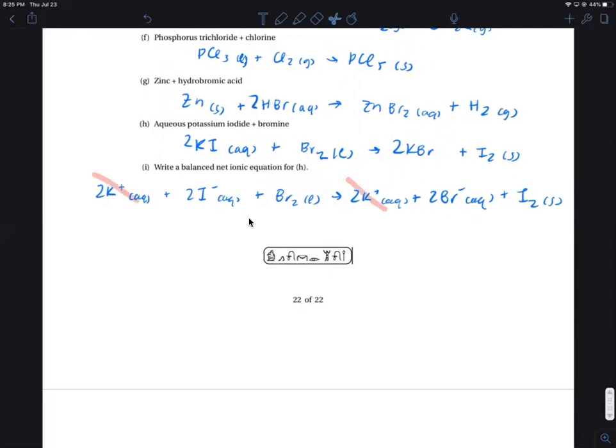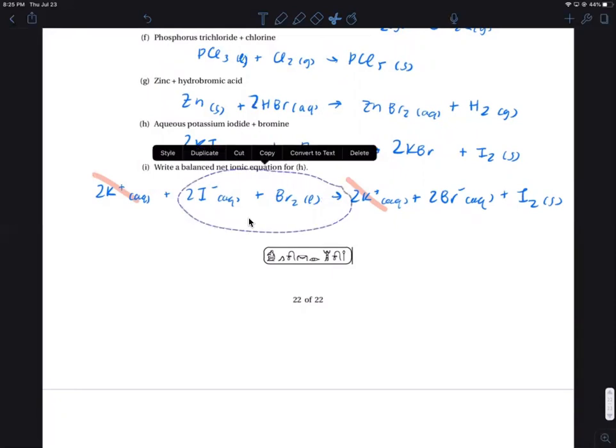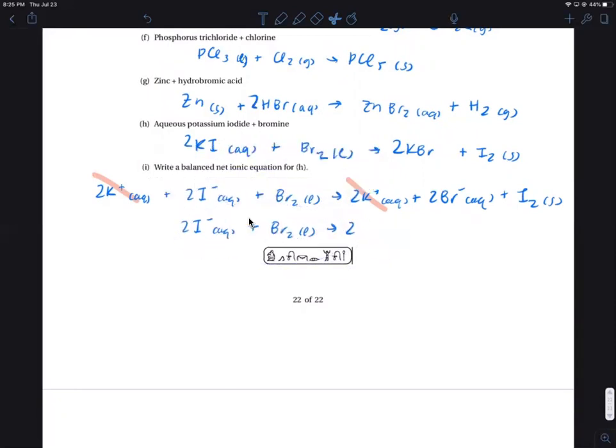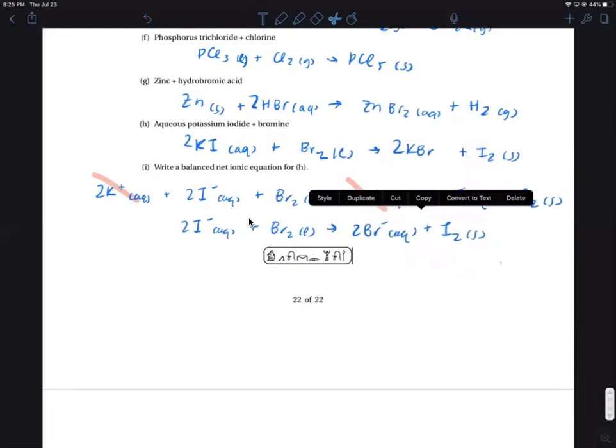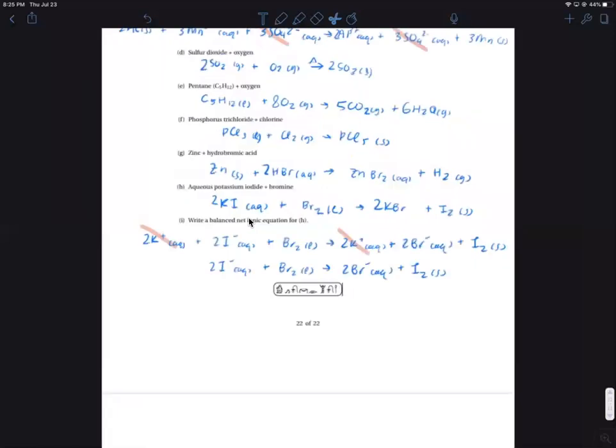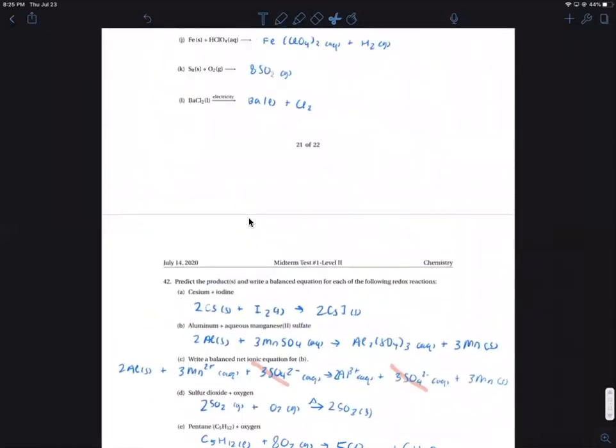All right, and then what's left is the net ionic equation. All right, and I think that's all the problems.